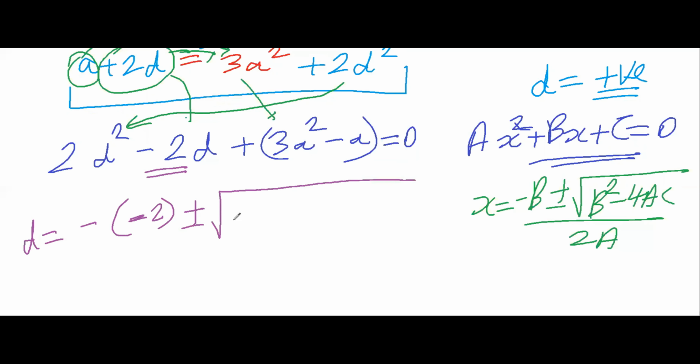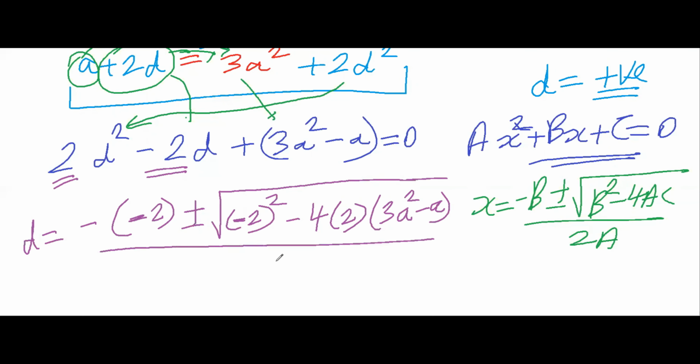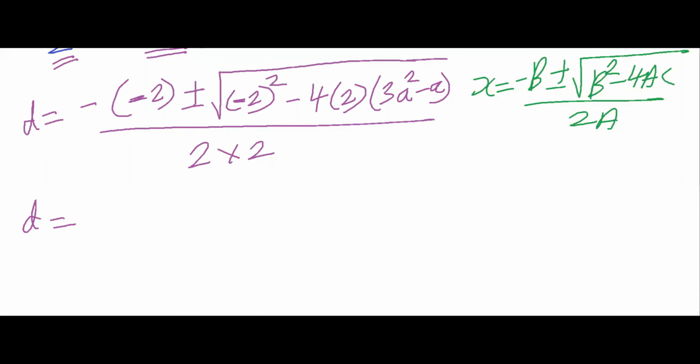This is my b. b square minus 4a. What is a? a is this. Okay, a. What is c? c is this. So it is 3a square minus a. This is c. Whole divided by 2a. 2 into. Okay, so here minus into minus is plus and this 2.